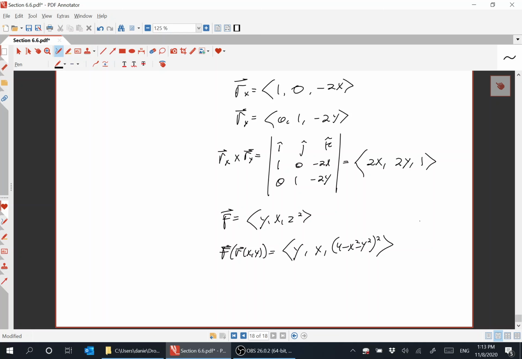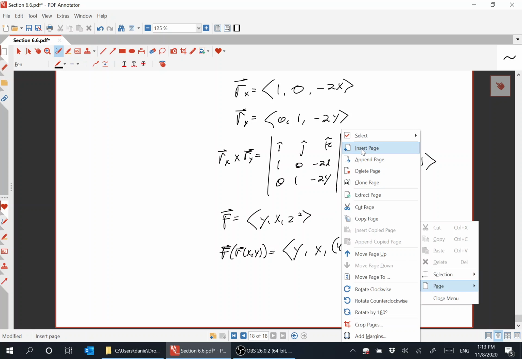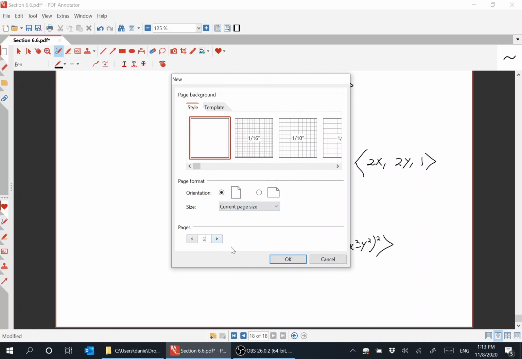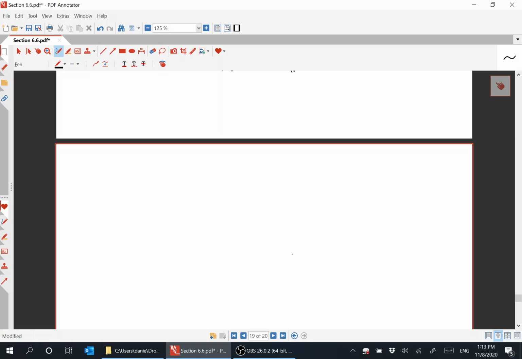So the flux is the double integral over S of F dot dS, which is equal to the double integral over R, where R was that circle of radius 2 for x and y.